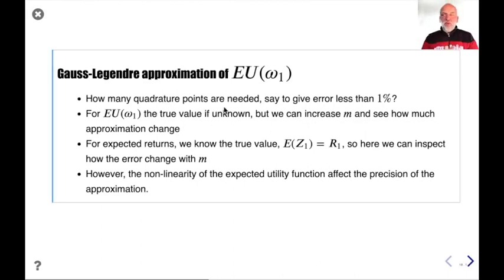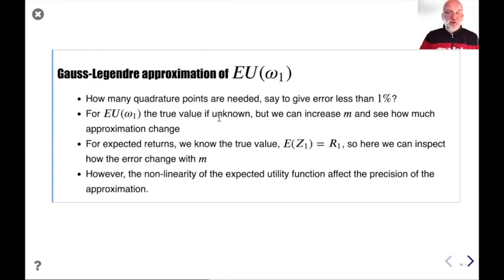Okay, so why don't we put this to use? Then you want to ask, how many nodes do I really need? That depends on what you're approximating, and it can be hard to know ex ante. So there's a good reason to actually check how the precision of your results depends on the choice of the number of nodes n.